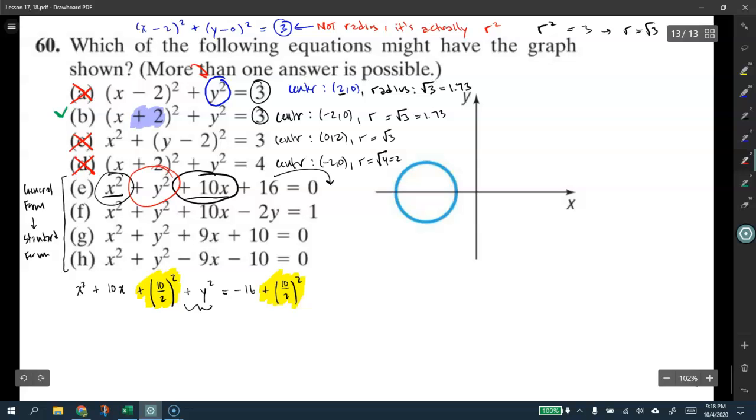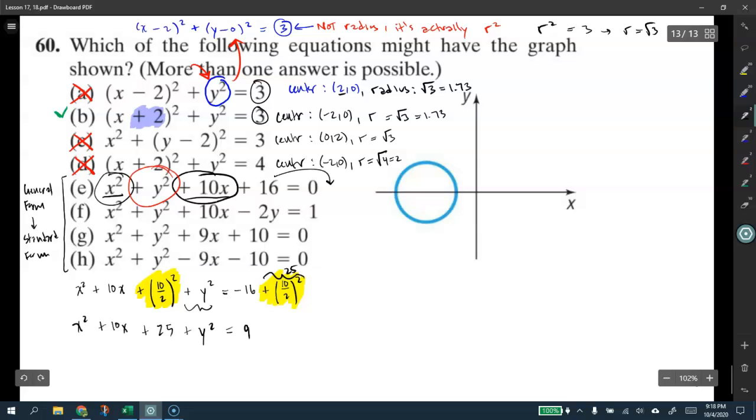Just like the y squared over here, it actually leads to us saying y minus 0 squared. Now, here's what we have. We have x squared plus 10x plus 10 divided by 2 is 5, and 5 squared is 25, plus y squared. So if we know that this piece right here gives us 25, negative 16 plus 25 is 9, right?